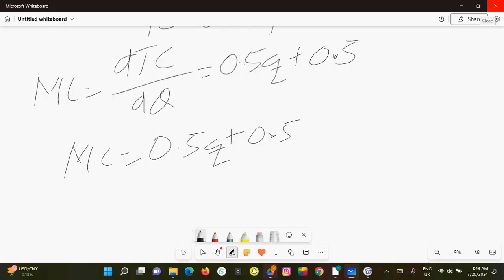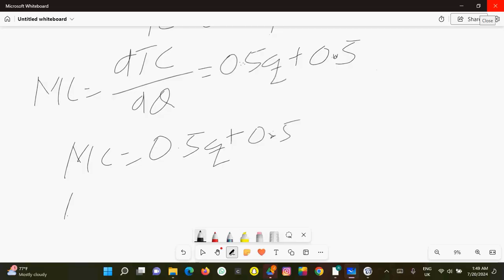Remember yesterday, we wanted to derive the firm's supply function. We find the MC and then we equate it to P. Remember, we just did it yesterday. So now we equate it to P, right?